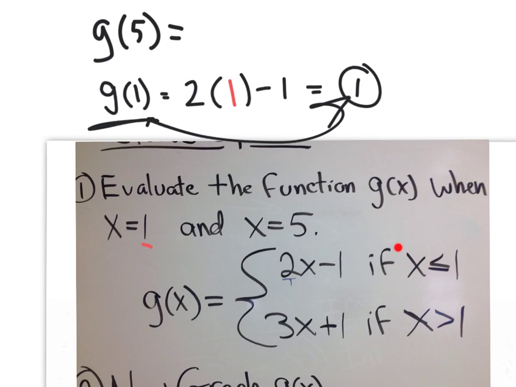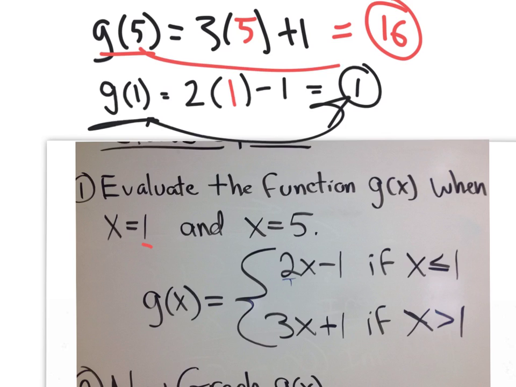Well, 5 is not less than 1, 5 is greater than 1, so we're going to plug it into the bottom one. And the bottom one reads 3 times x plus 1, and of course we're plugging in the 5 that they want us to plug in. So the answer will be 15 plus 1, which is 16. So g of 5 is equal to 16. That's what you're going to be seeing on the final exam, so hopefully you guys understand how to do that.